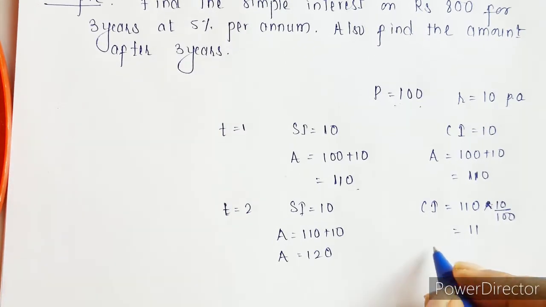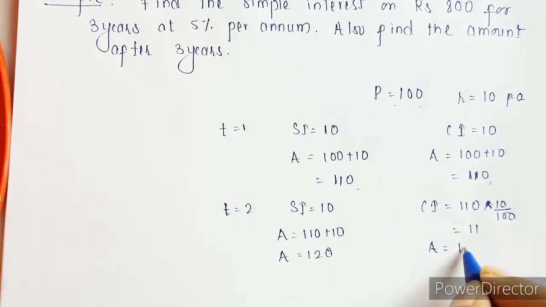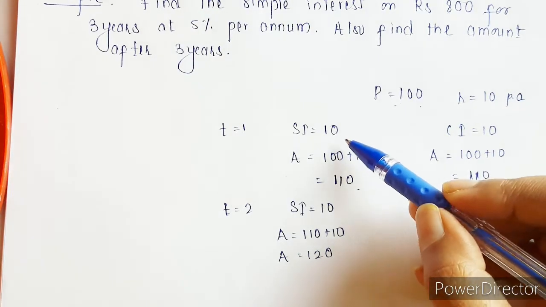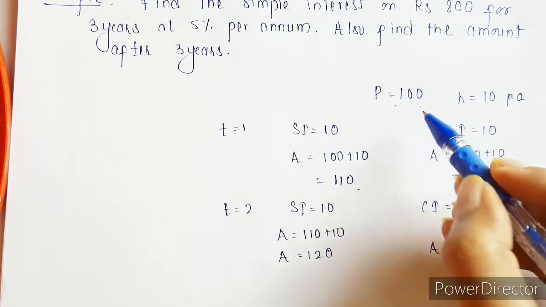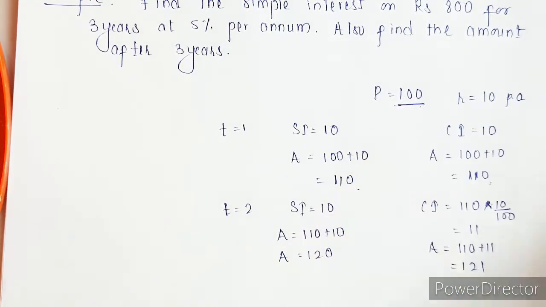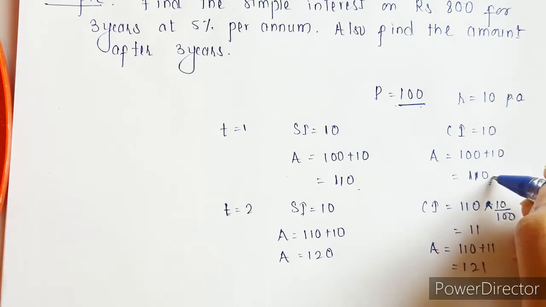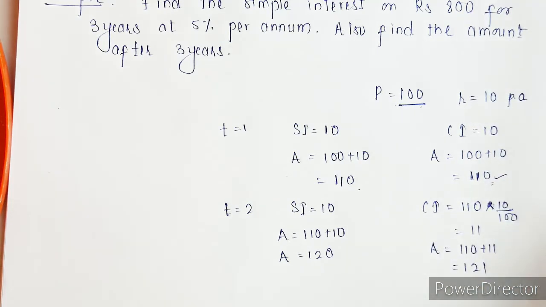So at the end of second year your amount will be 110 plus 11, which is 121. So in case of simple interest, the interest is always calculated on the actual amount we are investing, whereas in case of compound interest, the interest is calculated on the amount we have in the account at the end of that particular year.